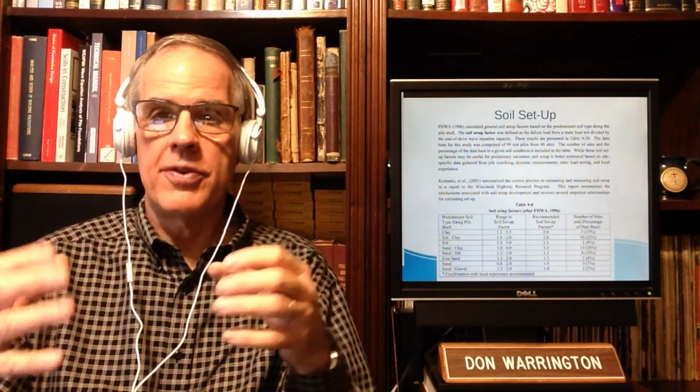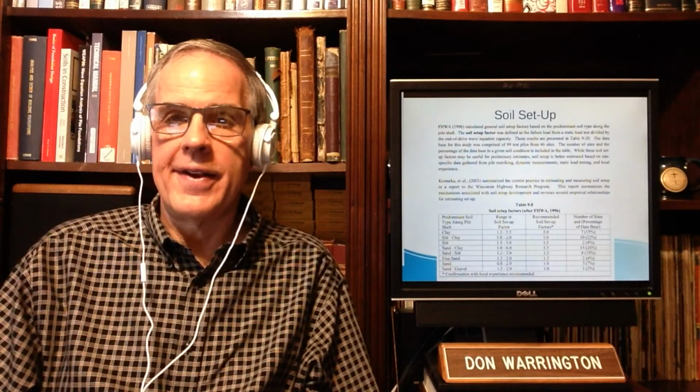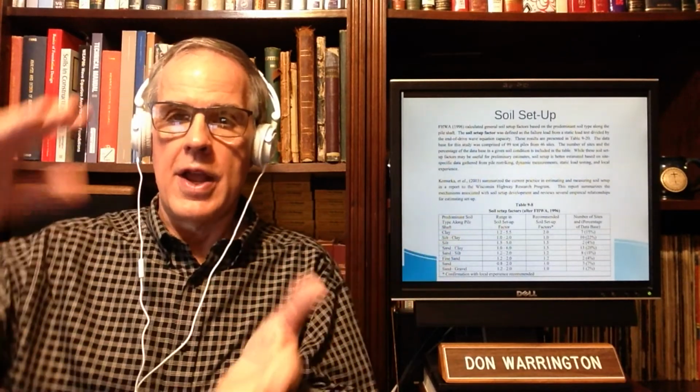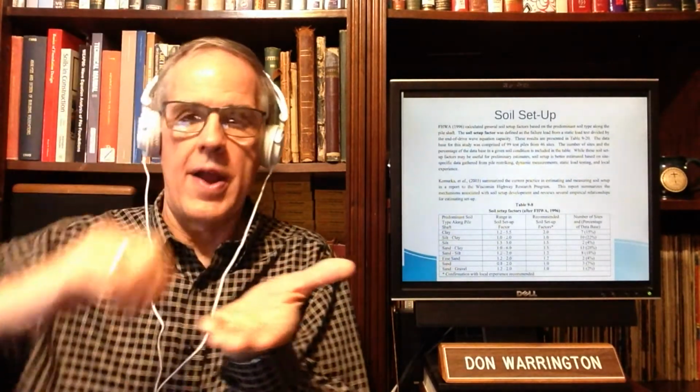So what happens is this. If you remember from consolidation, we've got a soft clay layer with lots of water in it, and you apply a load this way. The immediate effect is that the pore water takes the load.